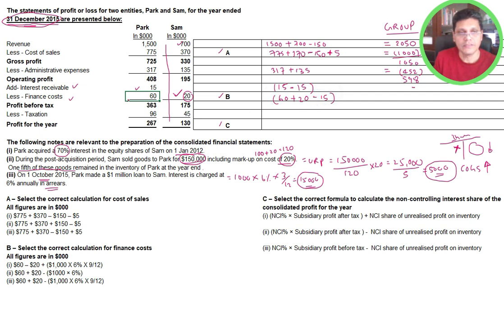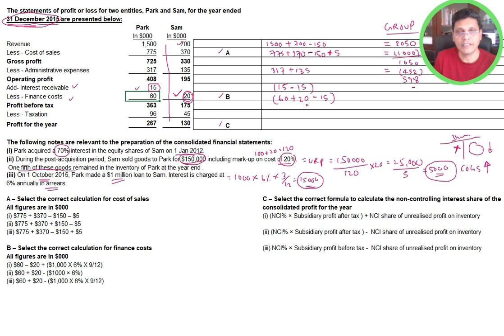They have taken it as income in the parent company, because the parent company has given a loan worth 1 million. So this is an income for the parent, and this is a cost recorded in SAM. So therefore that cost has to be eliminated. So when you eliminate that, that will be how much?